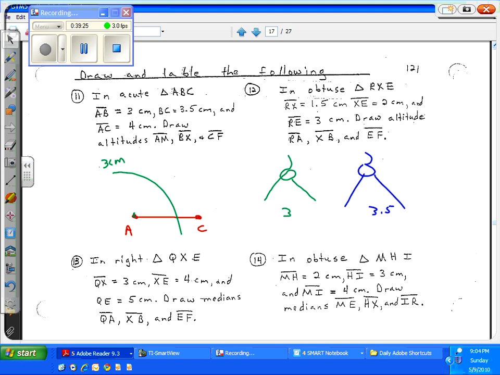And I would put my pointy part on C and make an arc. And that arc would be 3.5 centimeters from there. And I would find the point where those two met, and then I would connect. And I would have AC at 4 centimeters, AB at 3 centimeters, and BC at 3.5 centimeters. Okay?